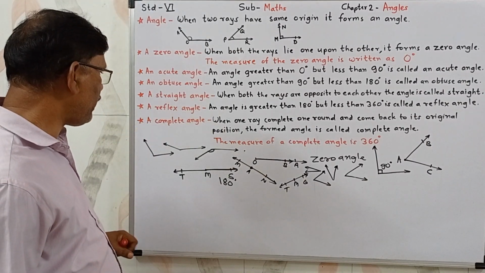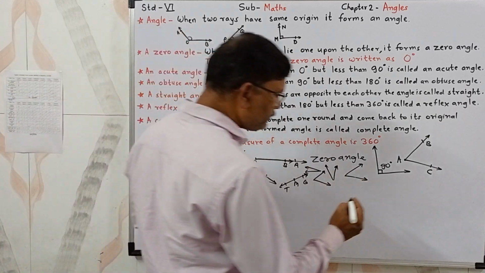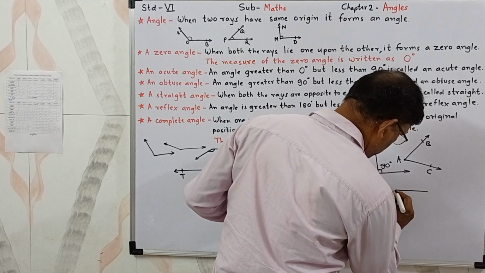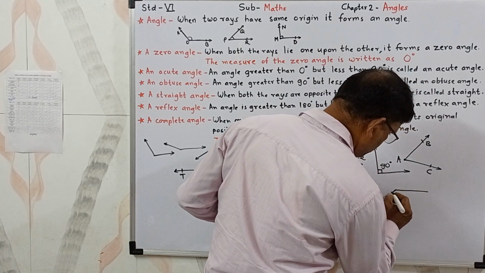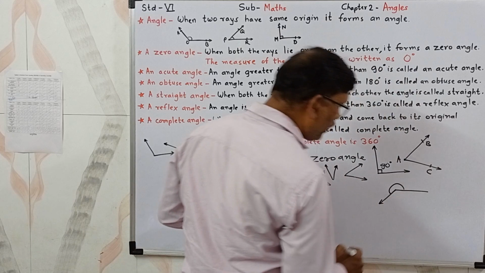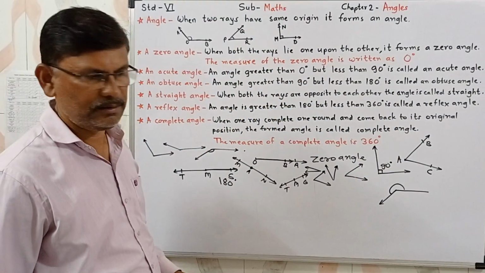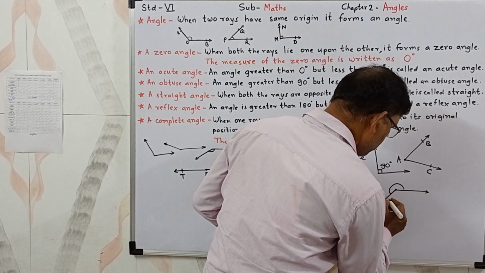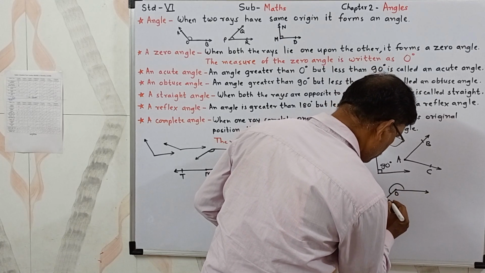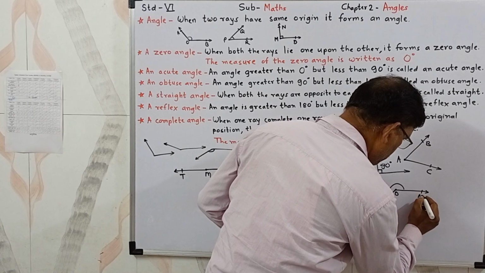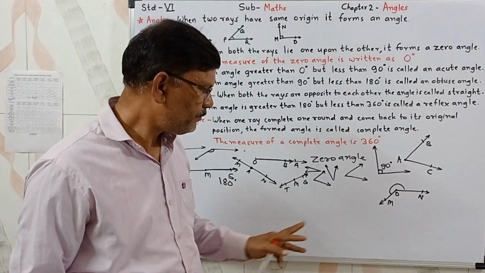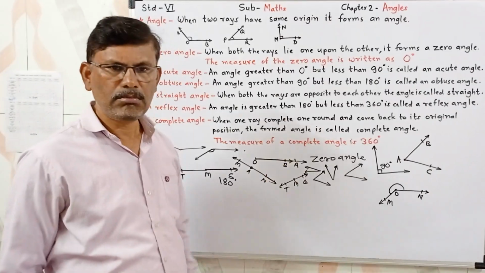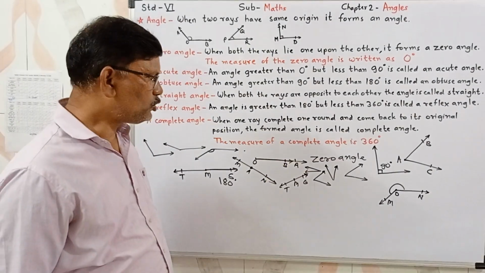Listen. A reflex angle. This is called a reflex angle. Here O is the origin, OM and ON both are rays. Understood?